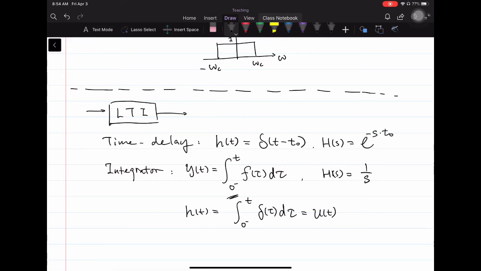And of course, for this particular case, you can also rewrite it as dy dt equal to f, and you can find the same answer as well. So this is a couple of examples.